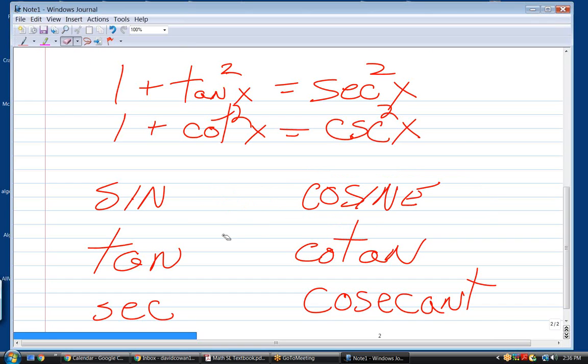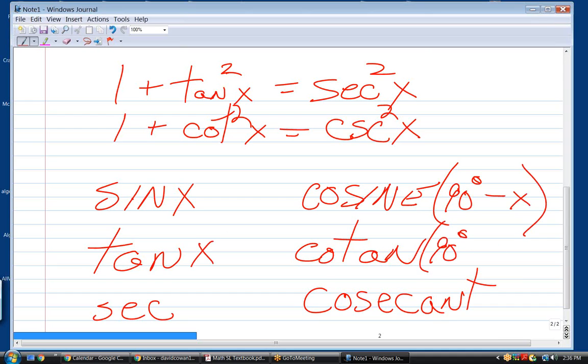So these are your cofunctions. And what property do they have? They all share this property: 90 degrees minus x. They're not reciprocal, but they do share a very interesting property.